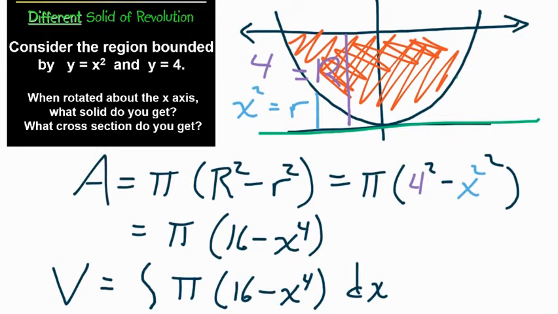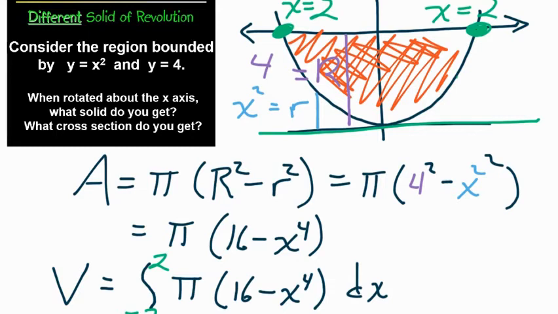Now, it is a dx integration because all these lines I drew are, of course, vertical. So that means I need my x values of this shape, and x would have to equal negative 2 and 2 for our boundaries. So we'll integrate from negative 2 to 2.